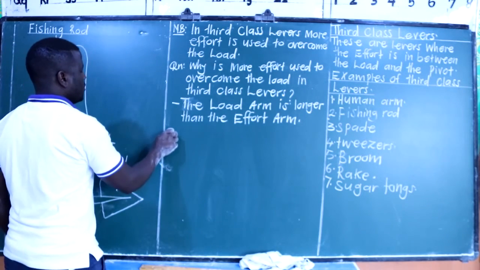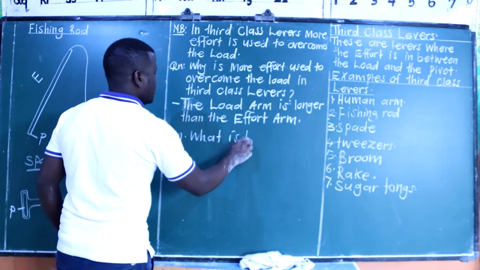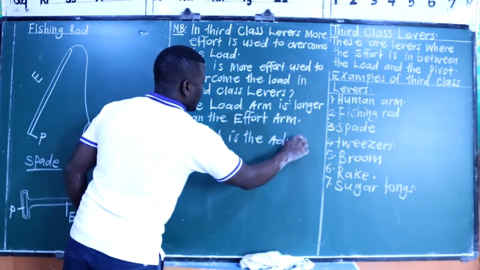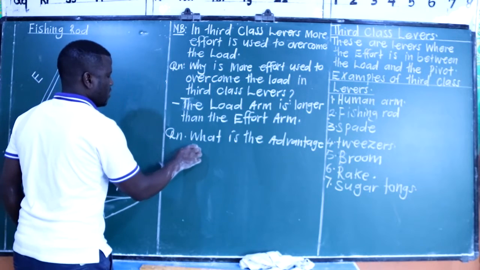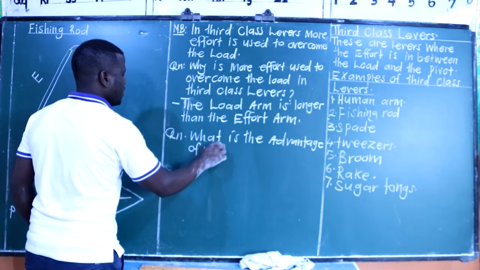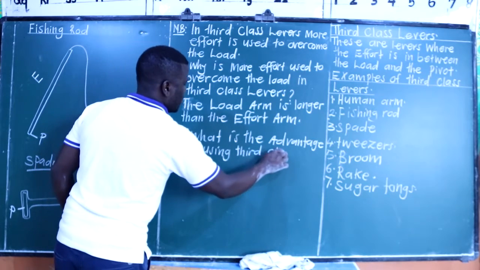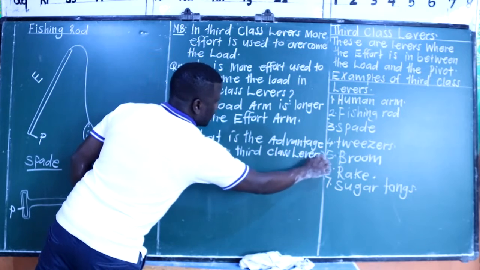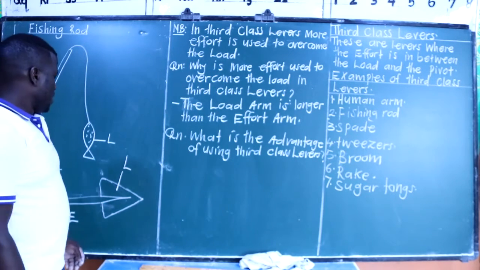Another question: what is the advantage of using third class levers?